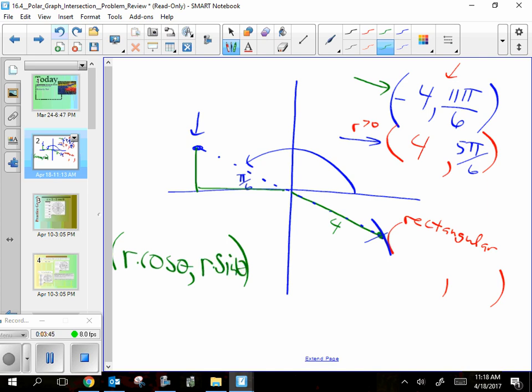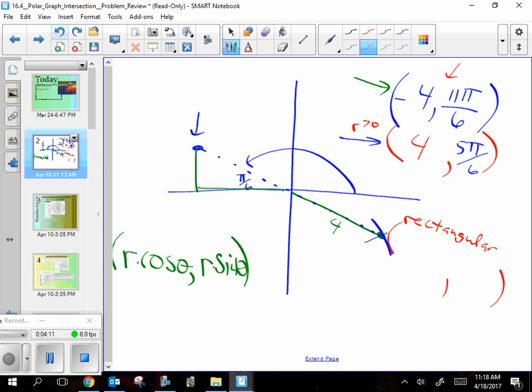Again, I think it's just about as fast to just draw the picture to get your x and your y. But later, when you have to do conversions and change your stuff that's in x and y coordinates into polar, it's really important to know x is that and y is that. Wherever you see an x, you can put an r cosine theta. Wherever you see a y, you can put an r sine theta.